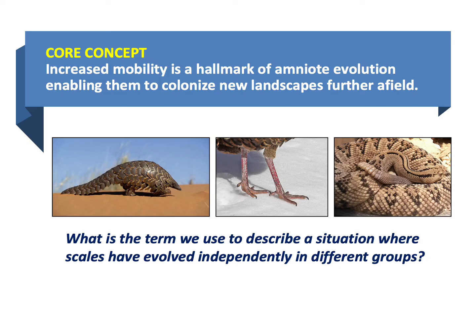So one thing that characterizes amniotes is their ability to move. You see this large shift in the capacity to undergo a journey. And this is a hallmark of amniote evolution. If you think about amphibians, amphibians are confined to water, so they could never really leave their swampland.